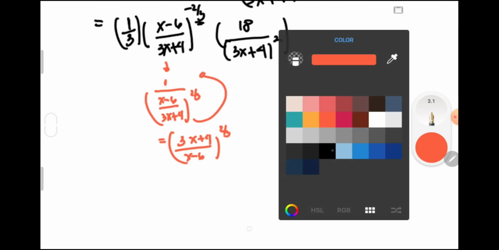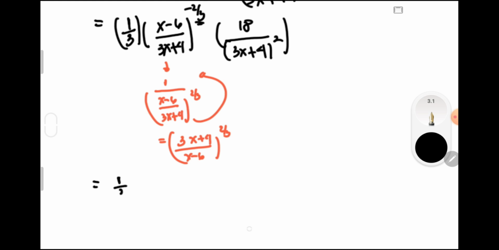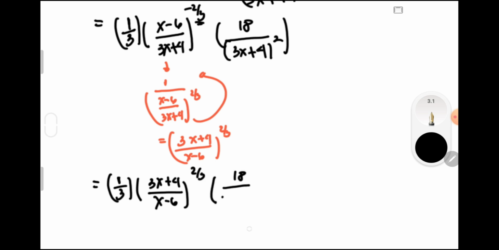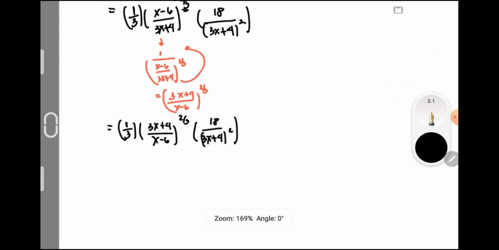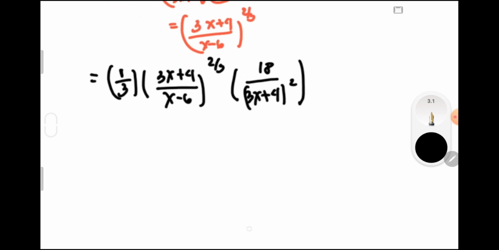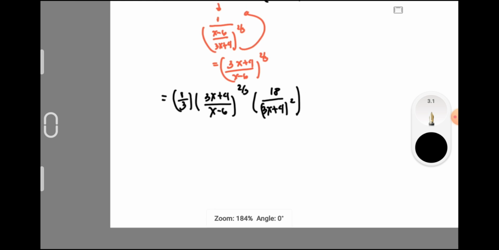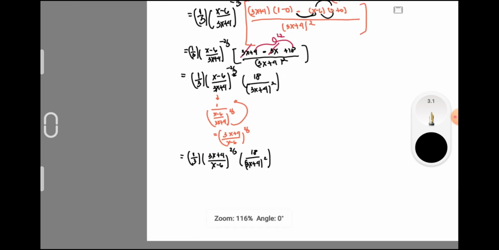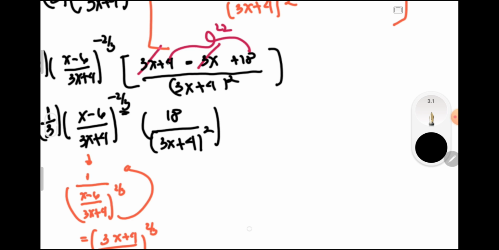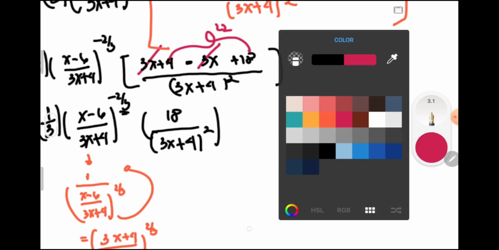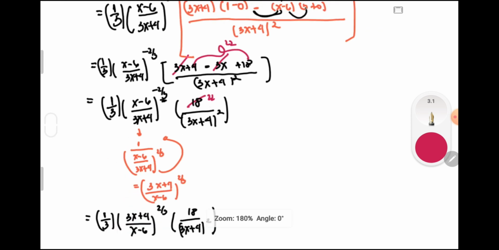So we'll have 1/3 multiplied by 3x plus 4 all over x minus 6 raised to 2/3 multiplied by 18 all over 3x plus 4 squared. By further manipulation, 4 plus 18 is 22, right? So this is 22 and also this is 22.